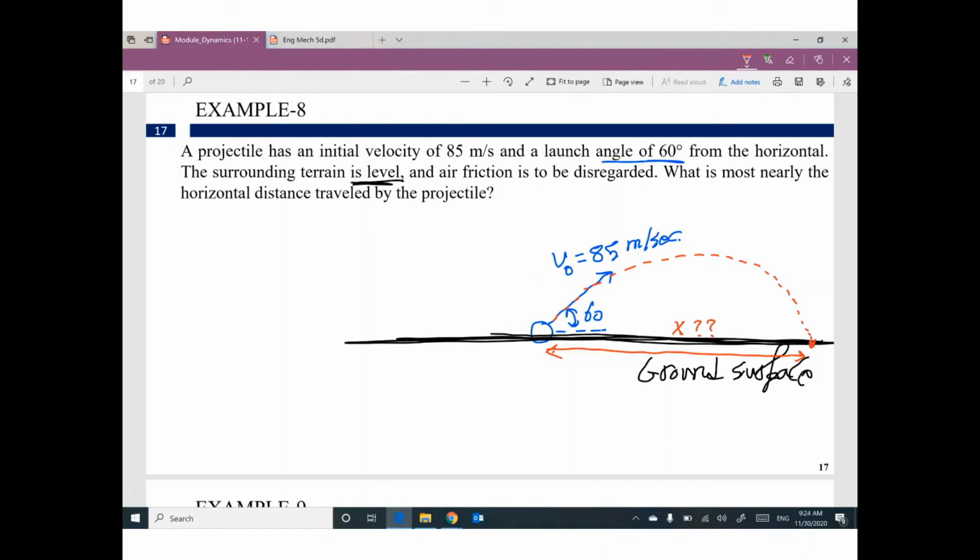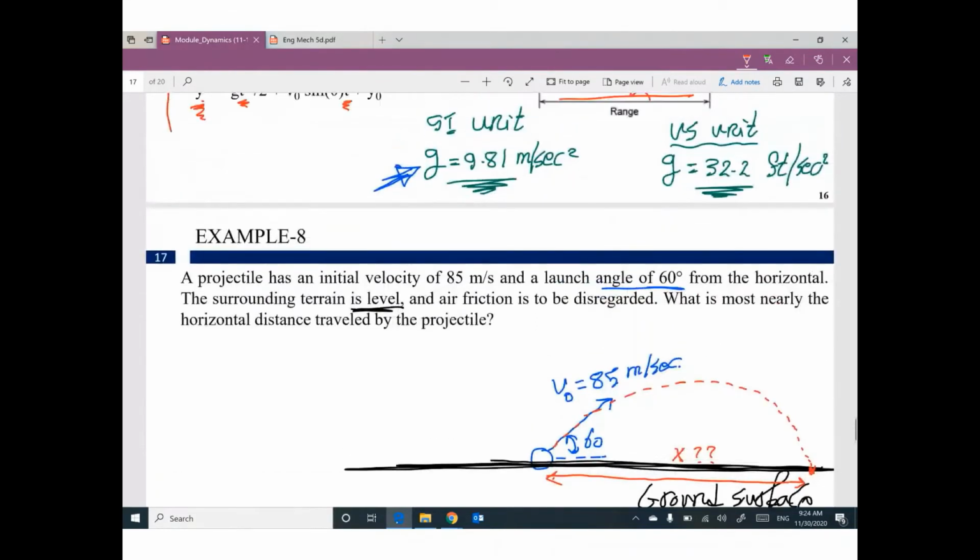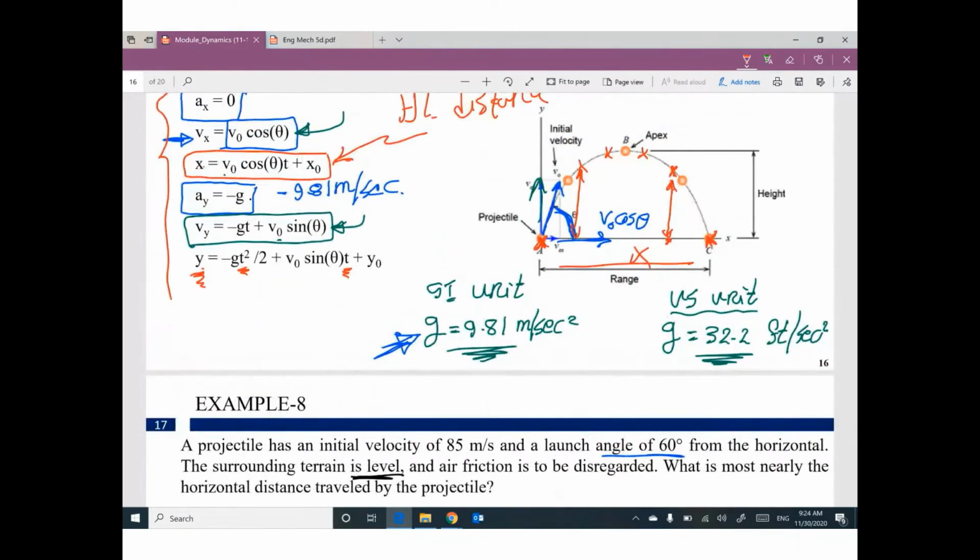So let's start. What is the first step? If you are looking for horizontal distance, we are looking for this equation: x equal v naught cosine theta times t plus x naught. Guys, I told you before, any term with naught means initial: initial velocity, initial acceleration, initial distance, all of this stuff.